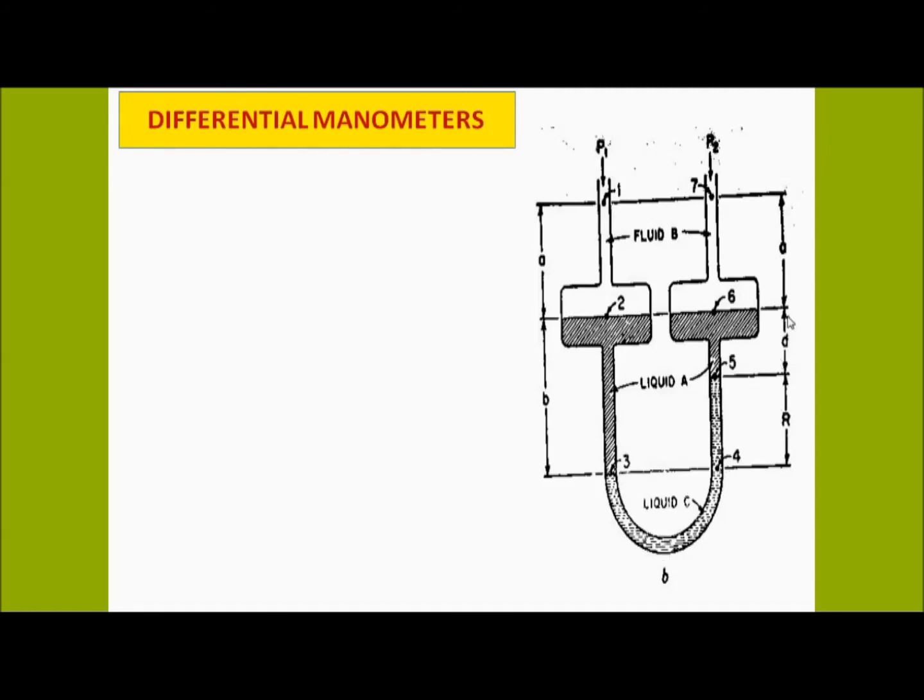This is the distance, similar to the earlier one. The distance between this point and this point is D. The distance between this and this is A, and the distance between this and this is R. These manometers are suitable for measurement of small pressure differences.